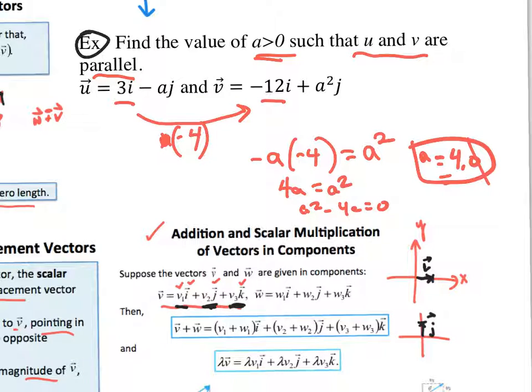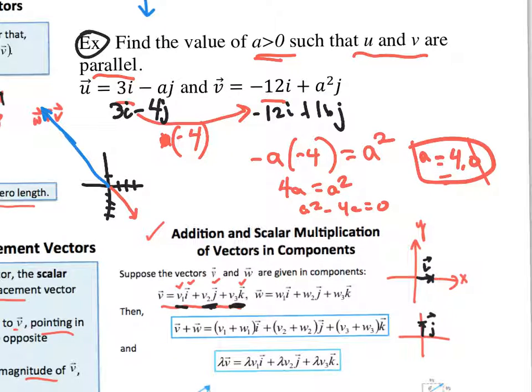So I'm going to get this vector here, which is going to be 3i minus 4j. And then this one would be -12i plus 16j. Are they multiples of each other? Yes, they are. So then they would be parallel to each other.